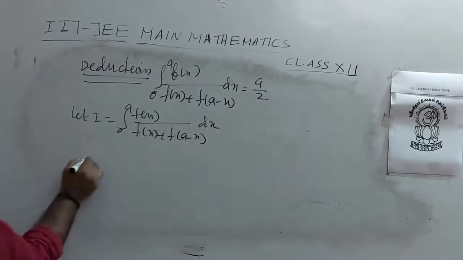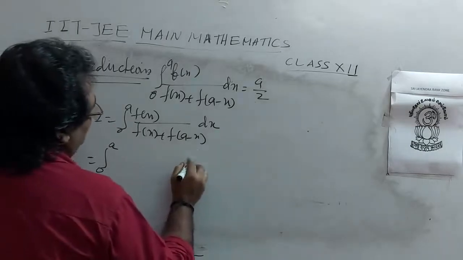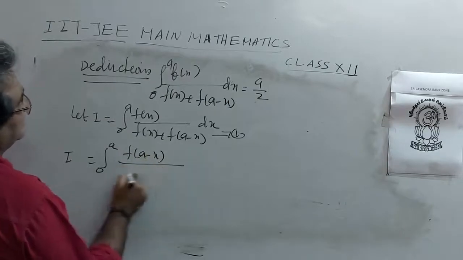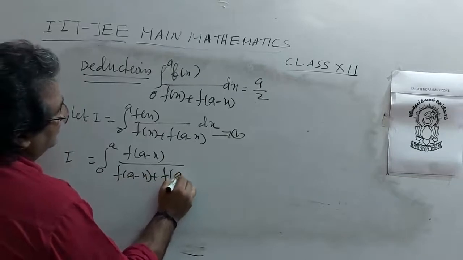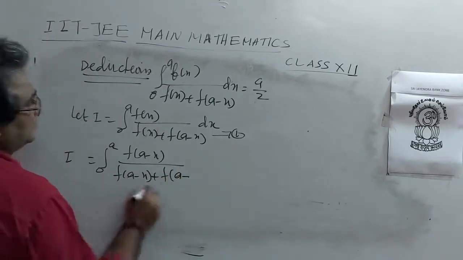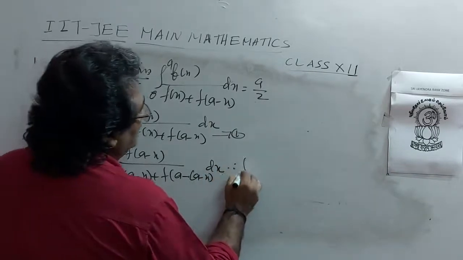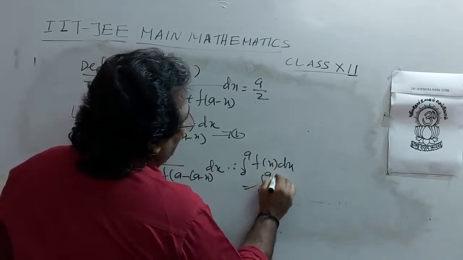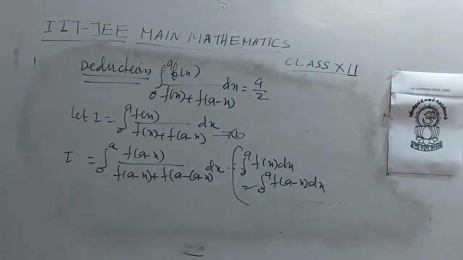Also, I equal to integral 0 to a f of a minus x by f of a minus x plus f of x dx, since integral 0 to a f of x dx equal to integral 0 to a f of a minus x dx.